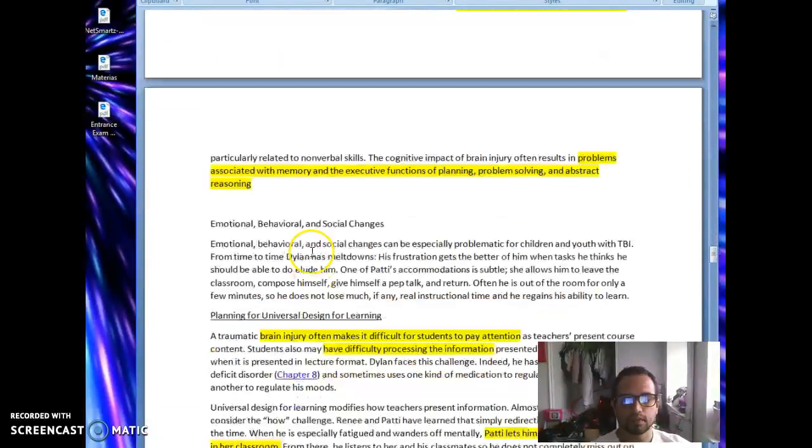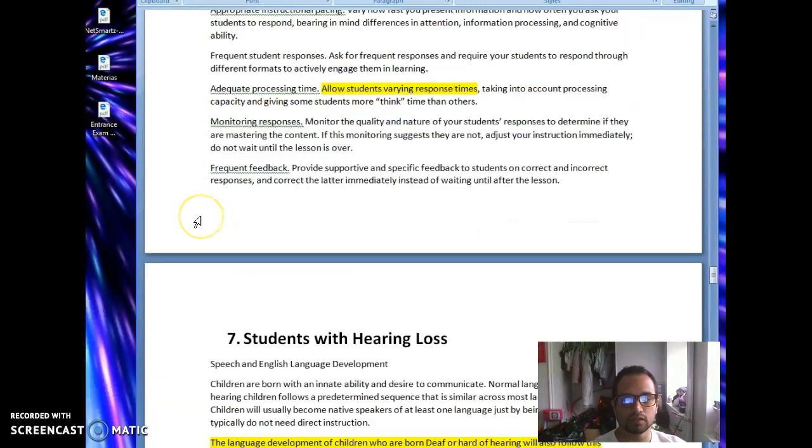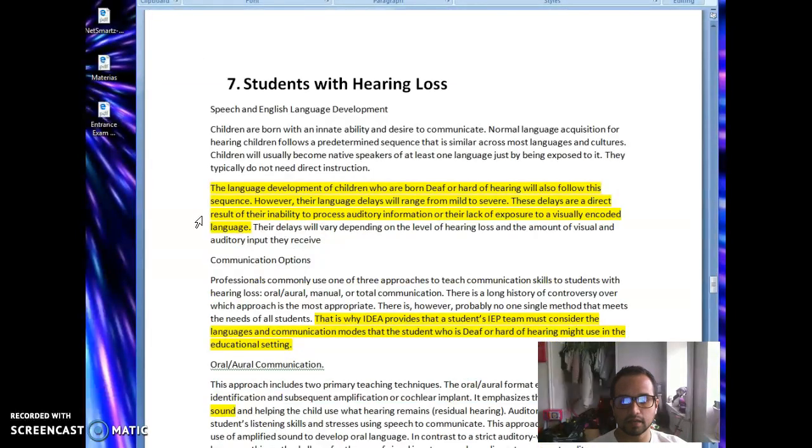So let's see. It says right here, appropriate instructional pacing. So that's what I just said, that we'll go basically a little slower with them. So we'll watch for processing time, monitor responses, and give them a lot of feedback.